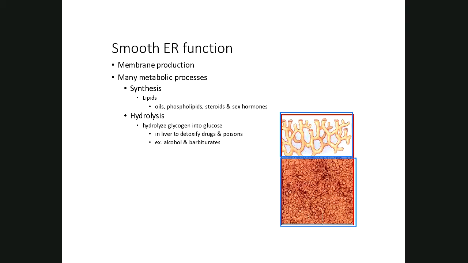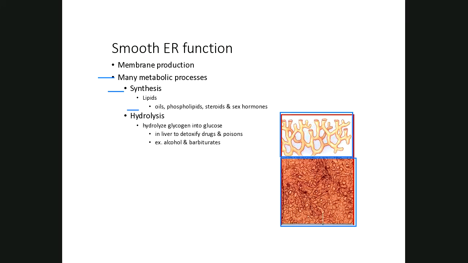And smooth endoplasmic reticulum, it's known for having many metabolic processes. And so its job is to synthesize lipids, so oils and phospholipids, which is involved in kind of that membrane of the cell.